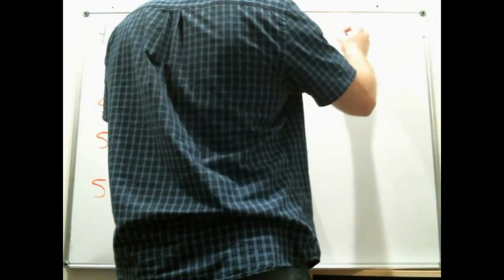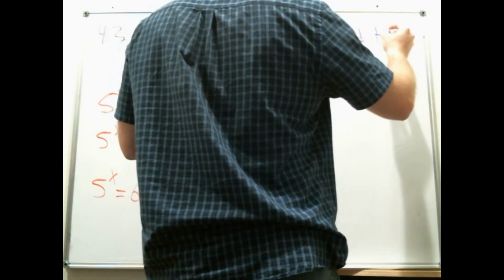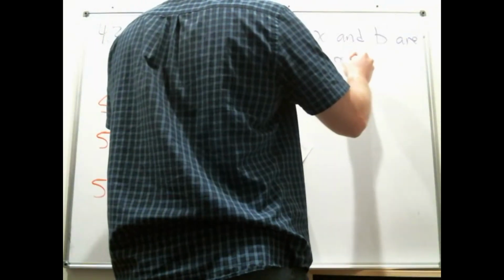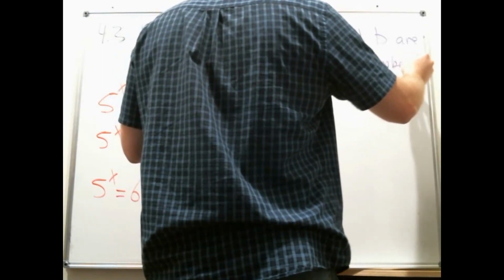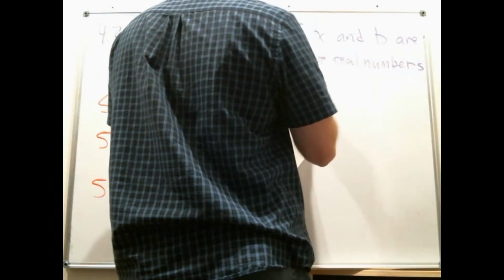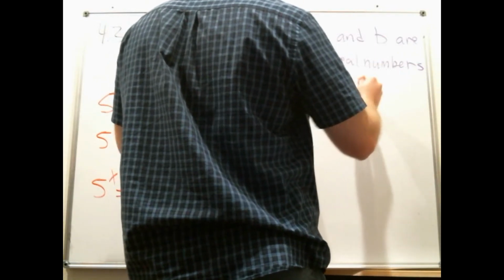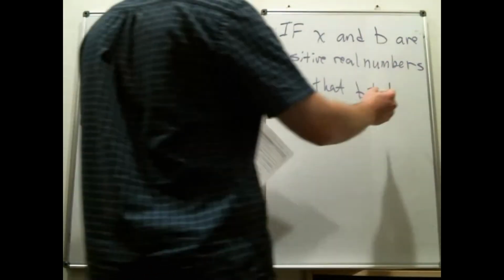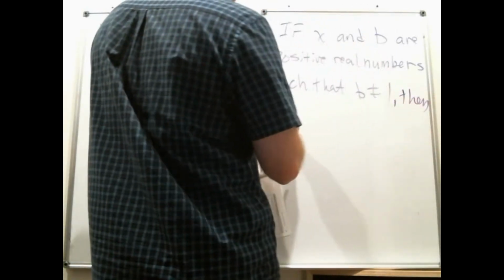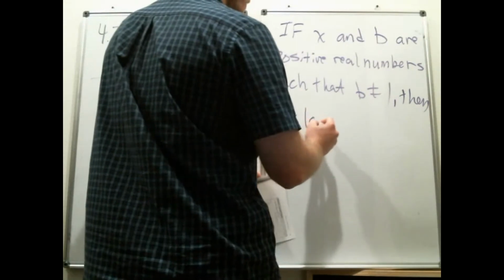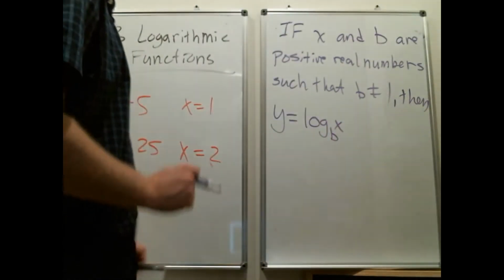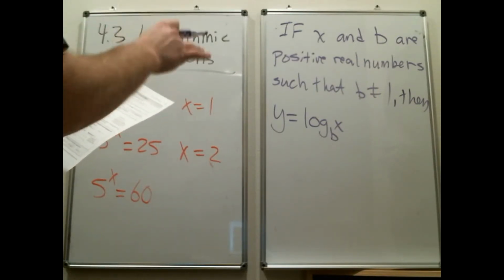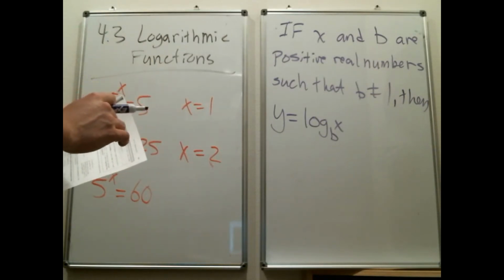If x and b are positive real numbers, such that b doesn't equal 1, then this weird looking thing, y equals log base b of x, is what we're going to call the logarithmic function of base b. That's how you'll write it.